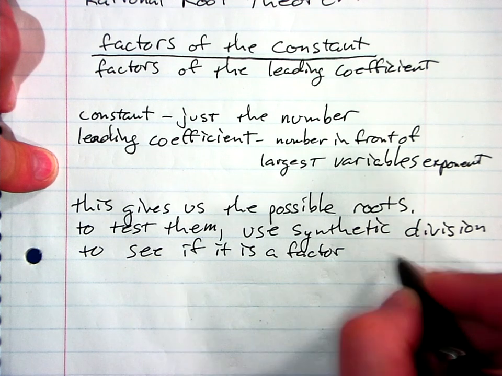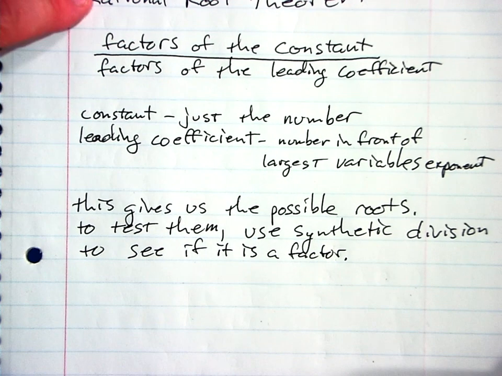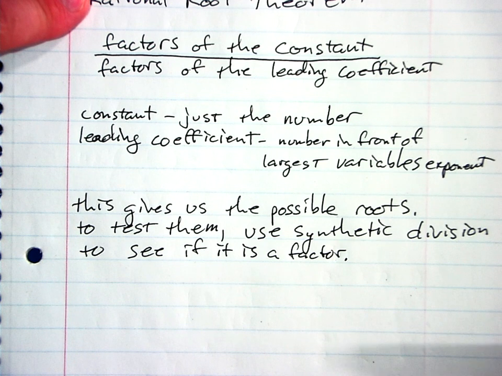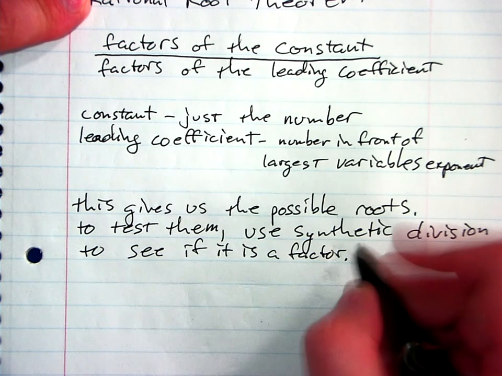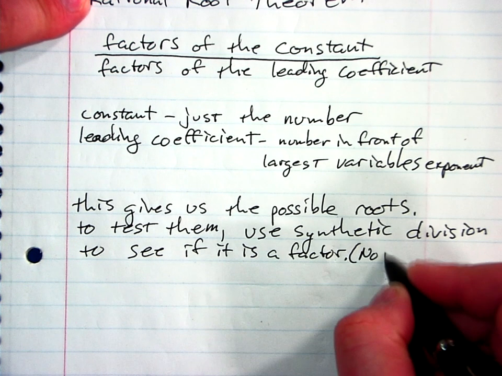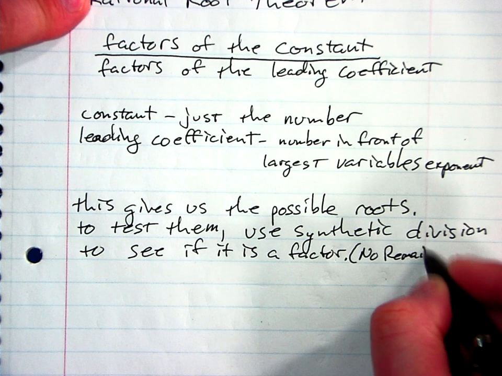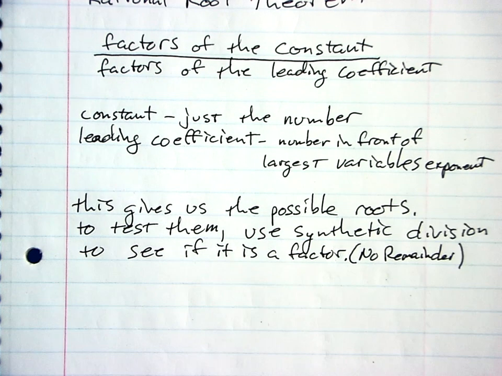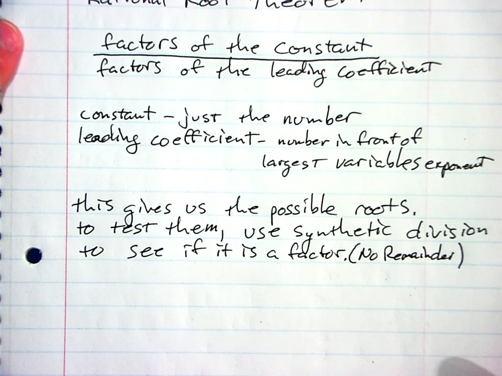And how do we find out if something's a factor? There's no what? Remainder. Good job. Like 3 is a factor of 27 because it goes in evenly. There's no remainder.